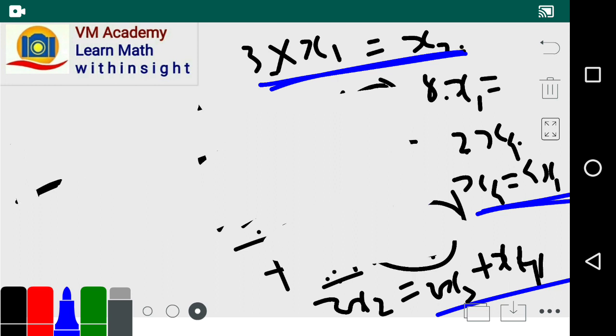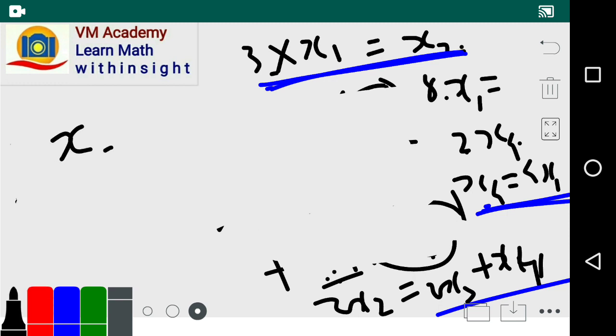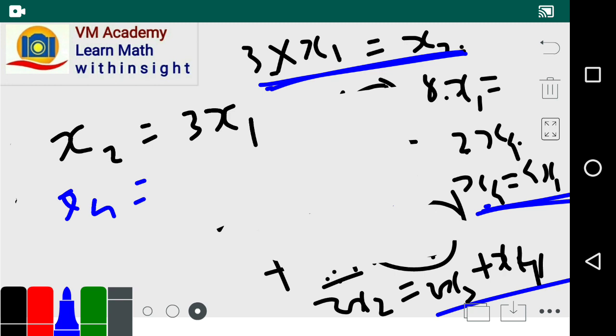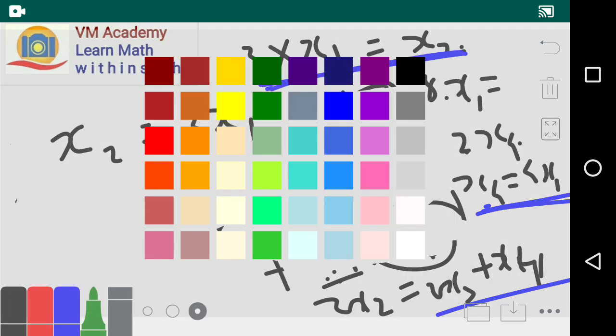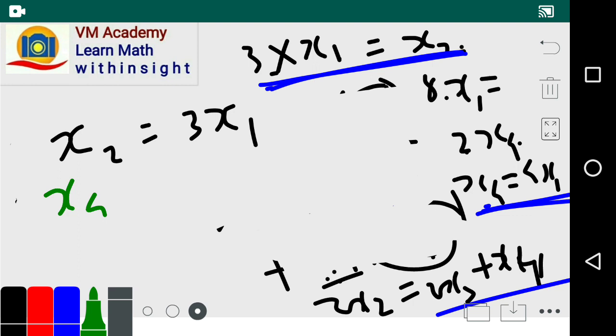These 3 equations are nothing but, friends, 3x1 equal to x3, x4 equal to 4x1, x2 is 3x1 and x4 is 4x1.